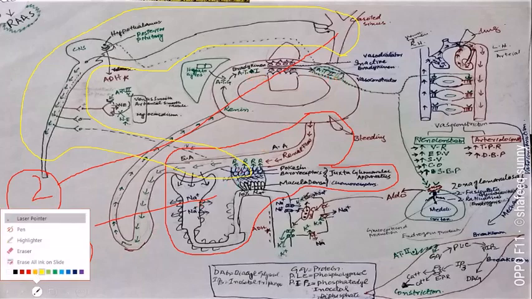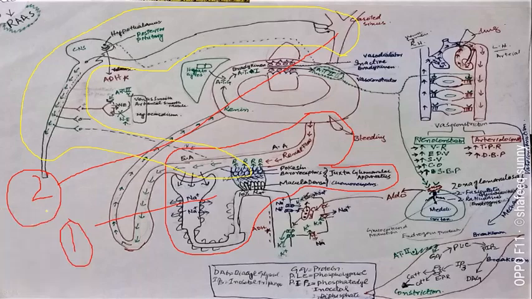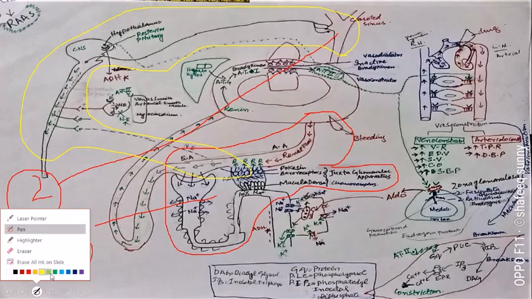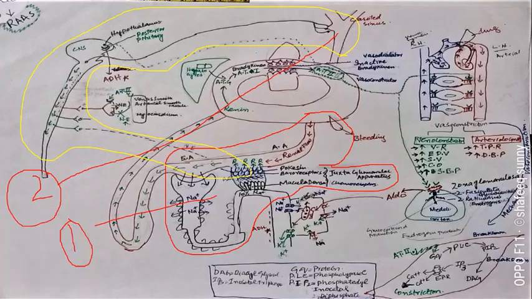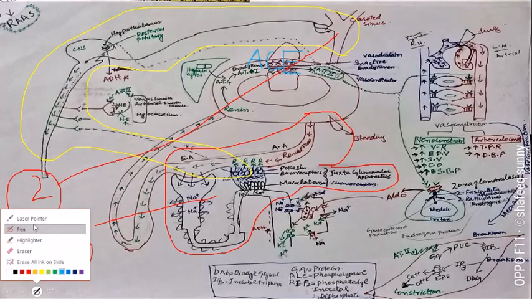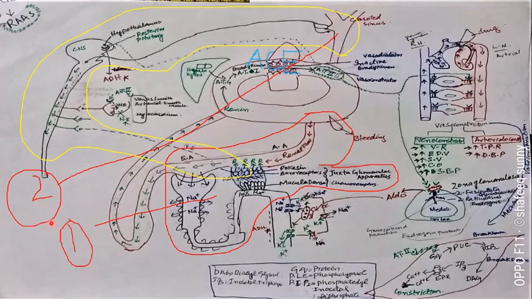That enzyme is the angiotensin converting enzyme, that is the ACE. ACE is present on the endothelial cell's surface.